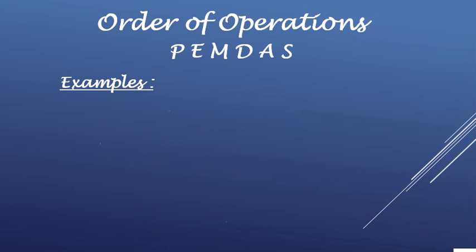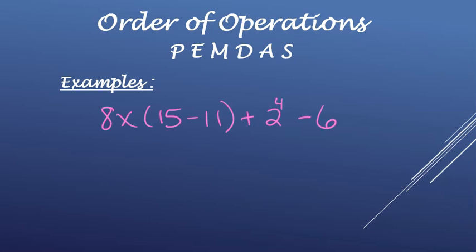Let's do another problem. Let's do 8 times parentheses 15 minus 11 plus 2 to the 4th power minus 6. Okay, let's do our parentheses first.